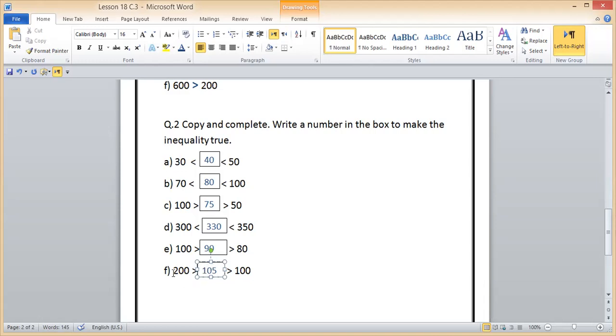So for answering F, you have to check any number which comes between 100 and 200. It can be 101, 102, 103, up to 199, guys. You can write any number.